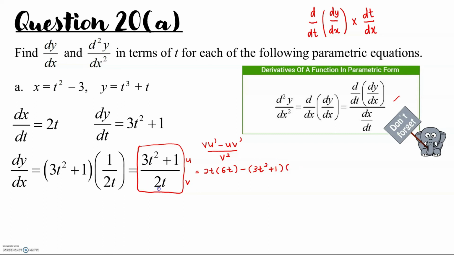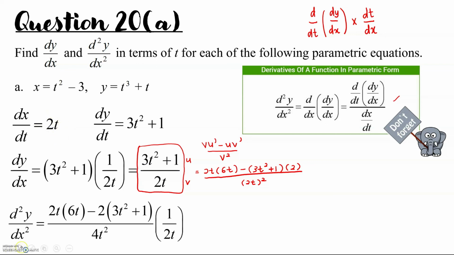We differentiate v, we got 2, and divide with v squared, so you got 2t squared. And we need to multiply with dt over dx. But this one is dx over dt, so dt over dx becomes 1 over 2t. So our d squared y over dx squared becomes this one.